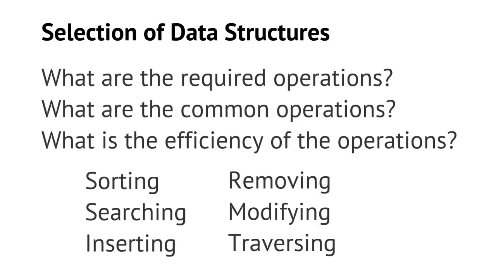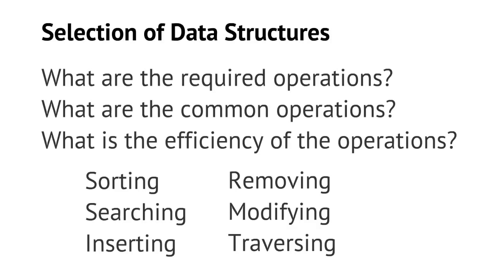Are we going to be inserting or removing data a lot? If it turns out that we do a lot of searching in comparison to very few insertions or removals, then that would make us select one data structure over another. So it really is an idea of trade-offs and figuring out how you want to represent your data and how that data is going to be used.